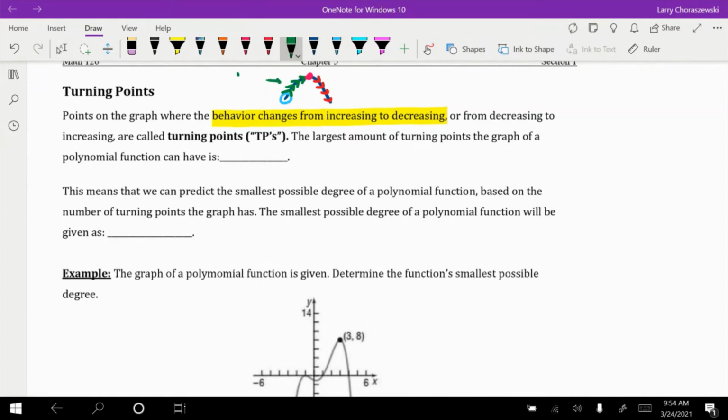So this is an instance where it goes from increasing to decreasing. The point at which the behavior changes, this is what we're referring to as a turning point, which I call TP for short.